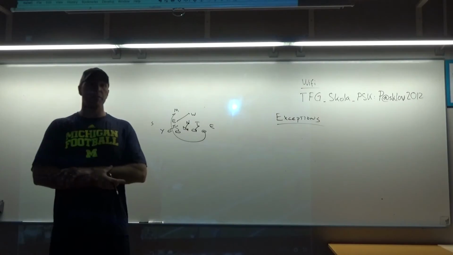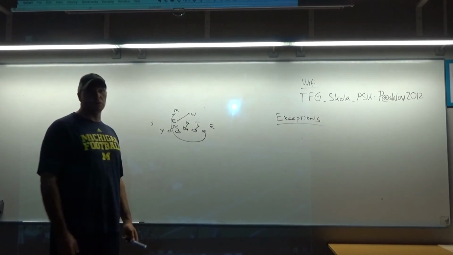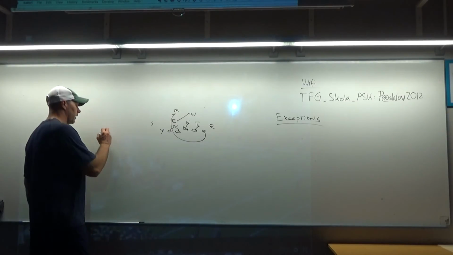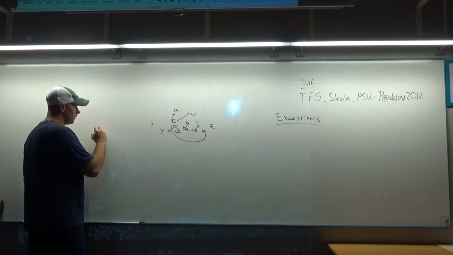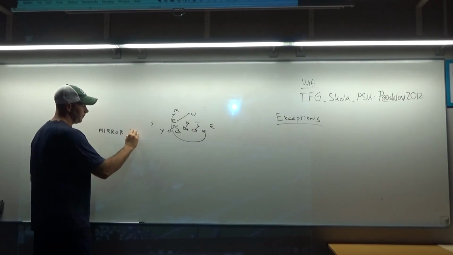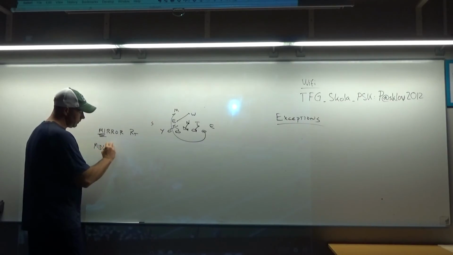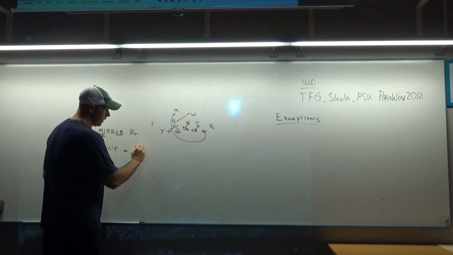All right, now I'll tell you something else that we've done that I think has made a big difference. I try to get us in the right play all the time. I'll call something like mirror right, midline or veer, mirror.